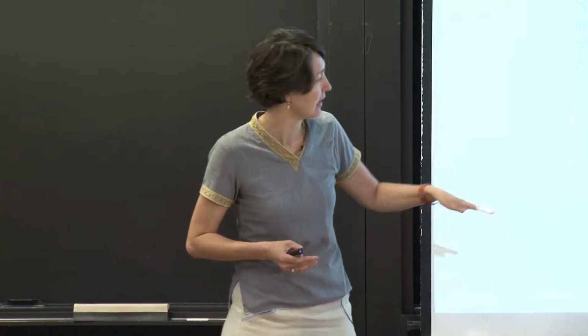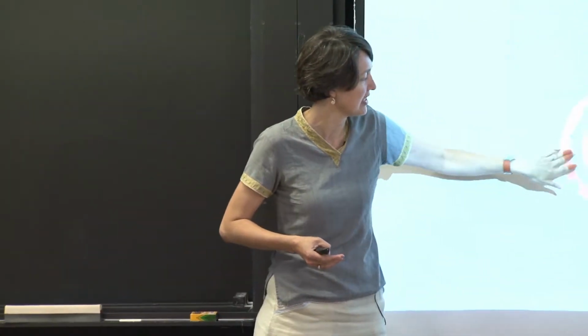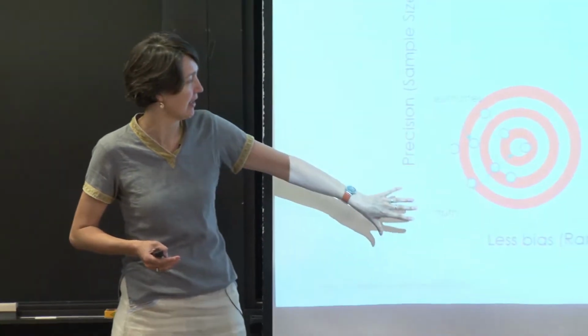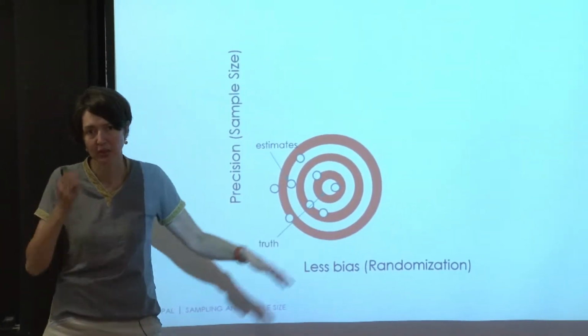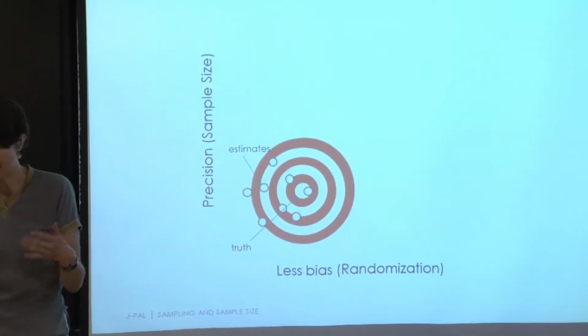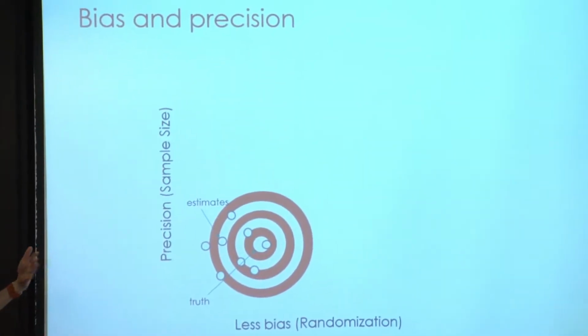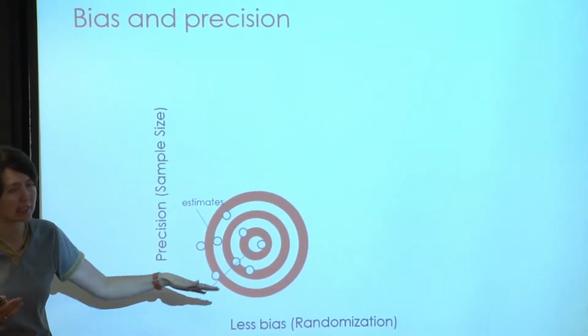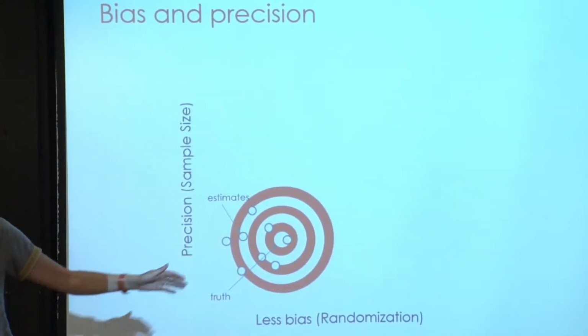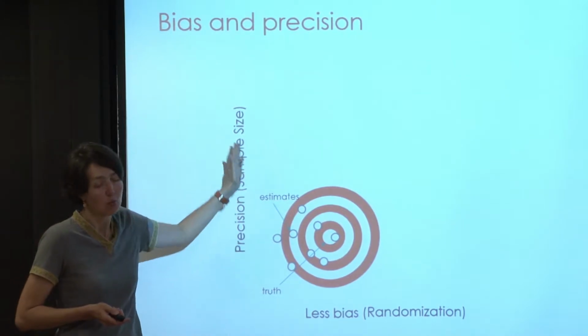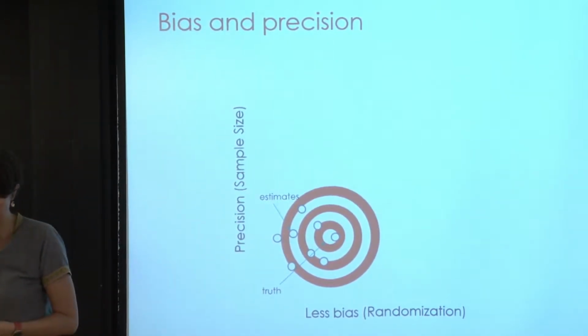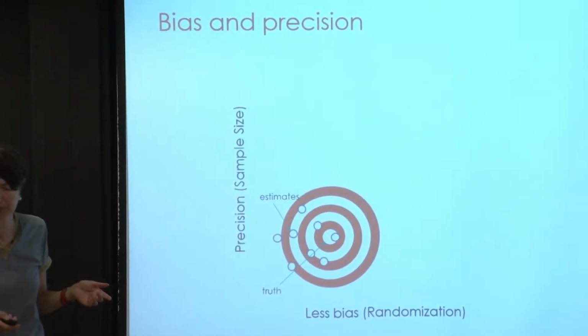If this is the truth and these are the estimates, then we can think of 2 different directions in which an estimate can be less than perfect. One is it can be biased, and less bias comes with randomization. The other way of measuring how good an evaluation is, is how precise it is.